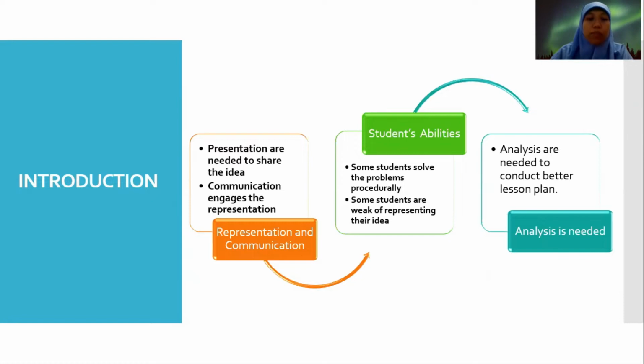Some students have poor representation and communication abilities, especially in written communication. They are used to solving problems procedurally without being aware of what the problems want. Therefore, I decided to analyze the students' representation ability to communicate their problem-solving idea.